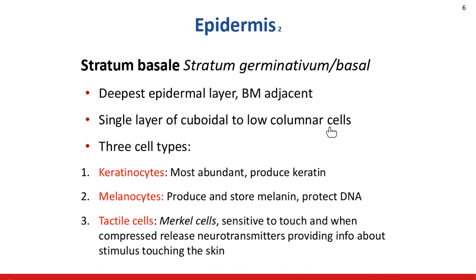So whatever the cells look like, even though in the Stratum Basale layer they are starting off as cuboidal or low columnar cells, as they move upwards, they start to change shape into a squamous shape. So the epidermis is a stratified squamous epithelium.